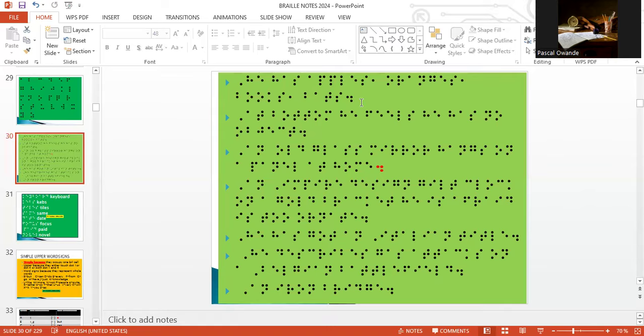Allow me to repeat again the three punctuations that I've mentioned. Number 1, dot 6 at the beginning of a word shows that the first letter in that word is capitalized. Number 2, comma separator in English Braille is dot 2.